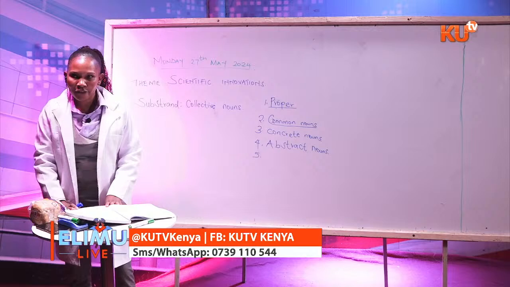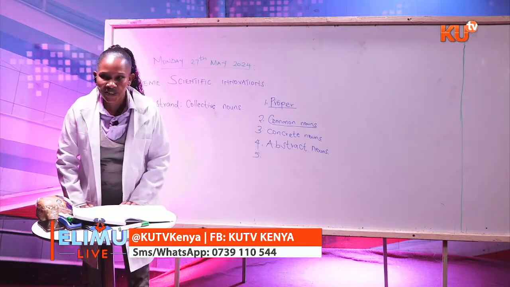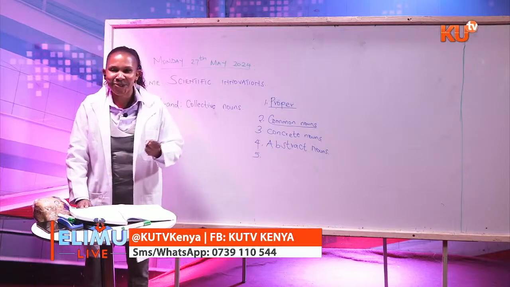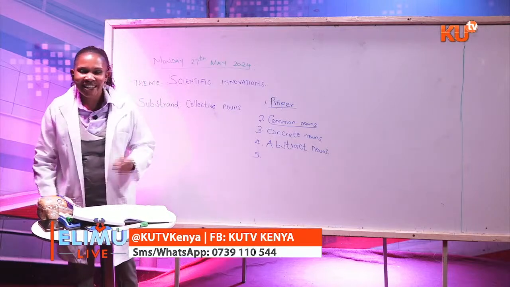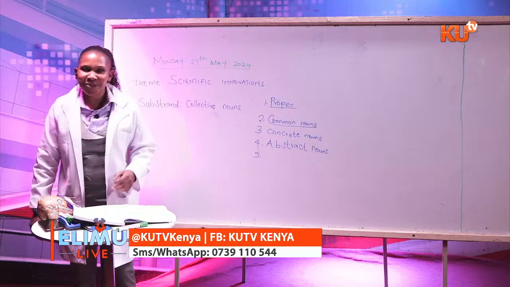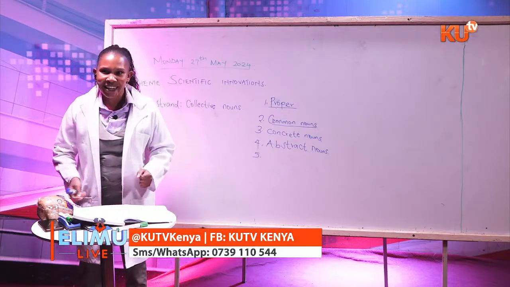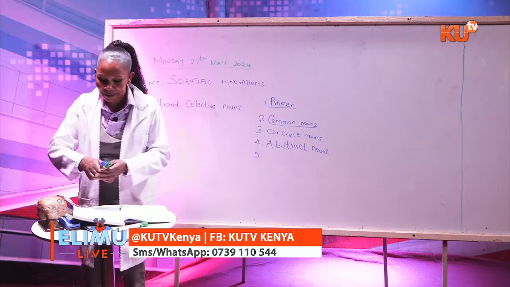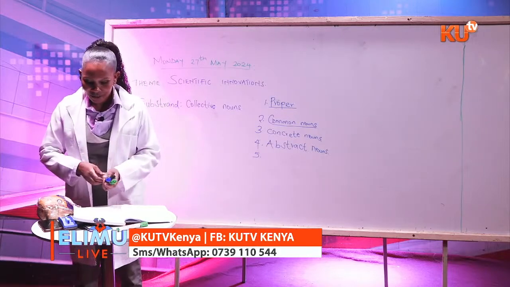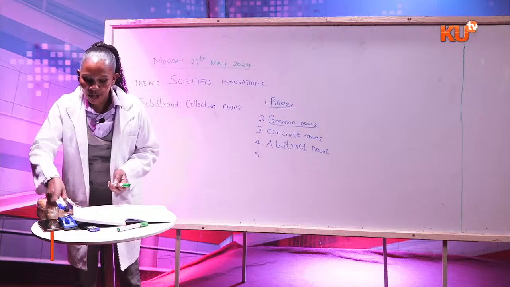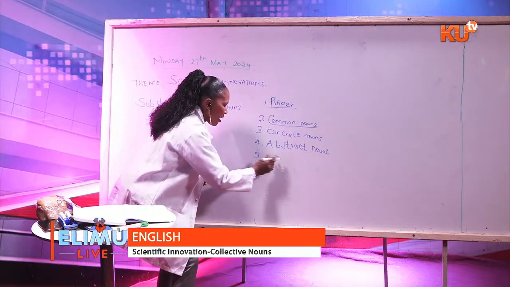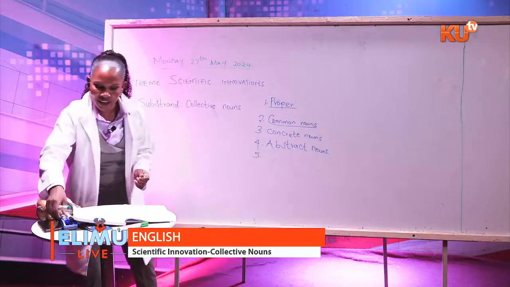Noun number five, countable nouns. These are nouns that you can count. A dog, 3 dogs, 4 dogs. Those are nouns that you can count. A pen, I have 3 pens here. Those are countable nouns.